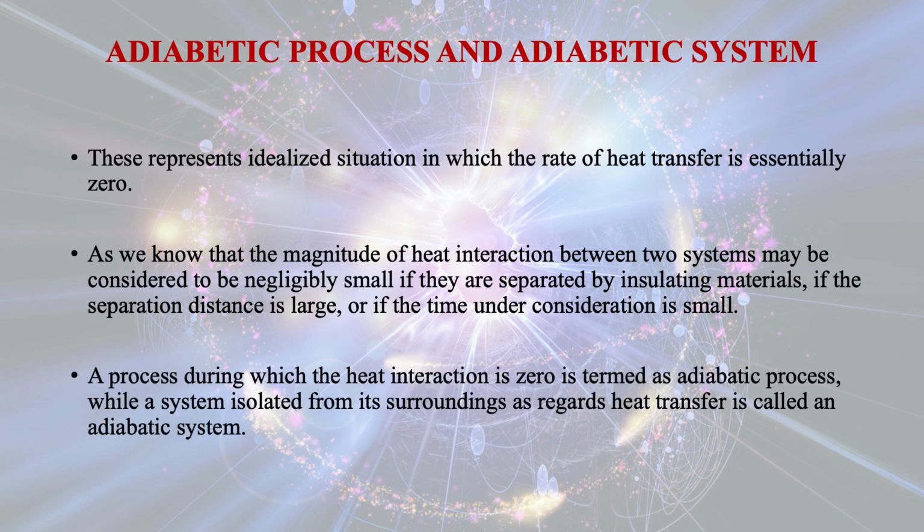A process during which the heat interaction is zero is termed an adiabatic process, while a system isolated from its surroundings as regards heat transfer is called an adiabatic system. Thus, the term adiabatic means Q is equal to 0.